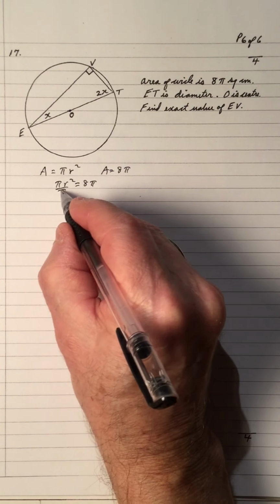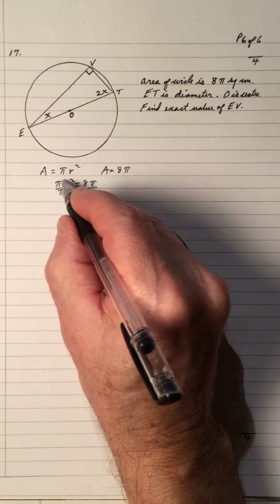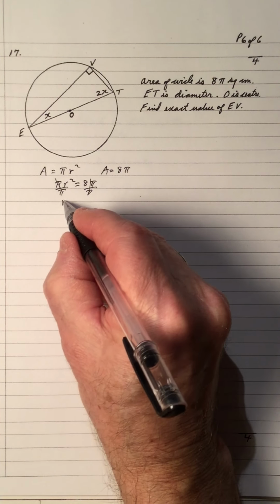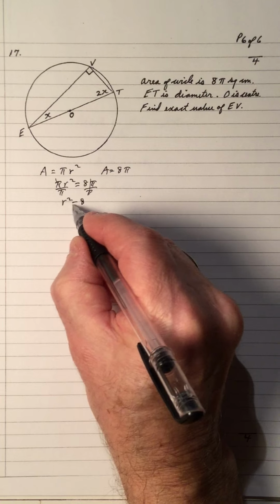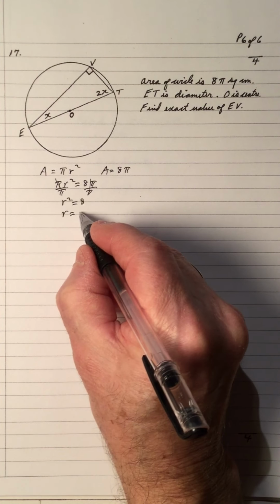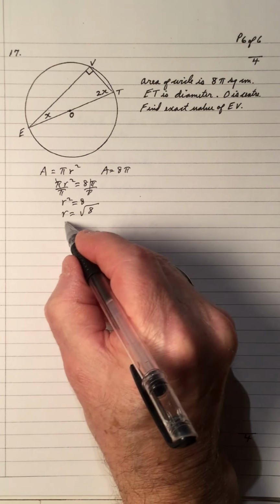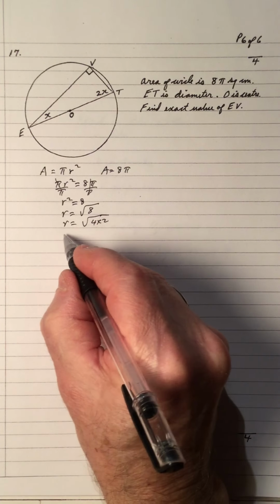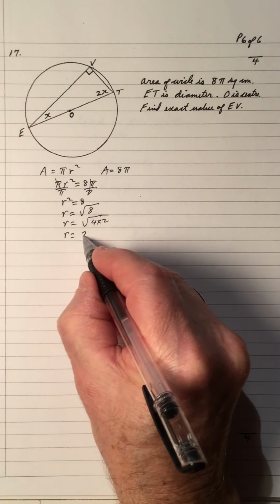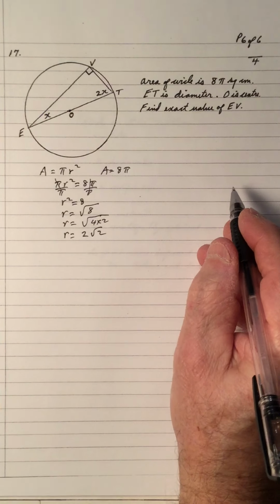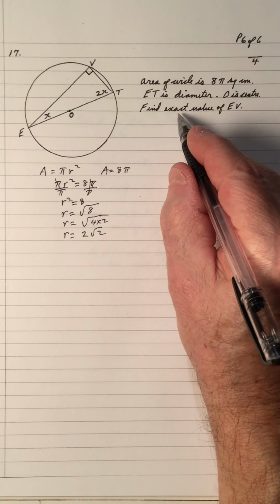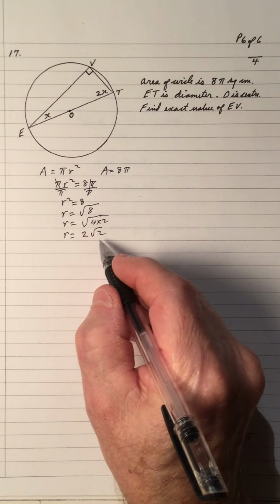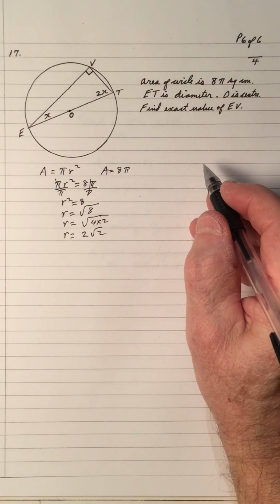We divide by pi, or cross them out because they're on each side. So r squared is equal to 8. That means r is equal to the square root of 8. And the square root of 8 is the square root of 4 times 2, which is 2 root 2. Now, remember, we're asked for exact value, so you can't change this to a decimal. We have to leave it as a radical.